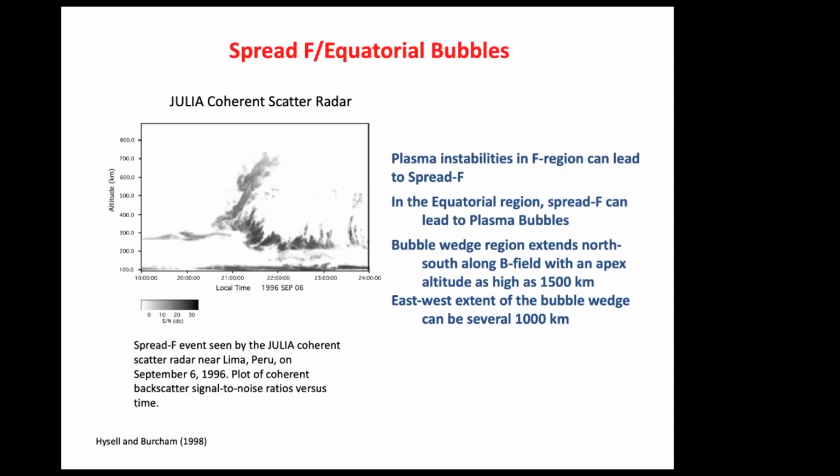When bubbles form, their upward speed generally varies from 100 to 500 meters per second. However, fast bubbles can drift upward with a speed as high as 5 kilometers per second. The plasma density in the bubble can be up to 2 orders of magnitude lower than that in the surrounding medium.